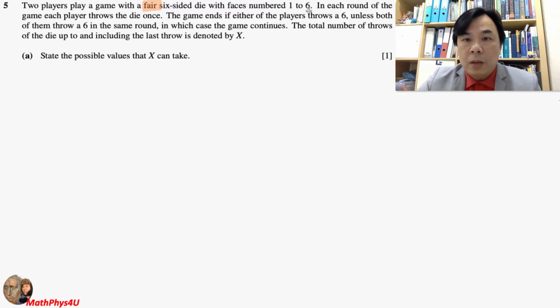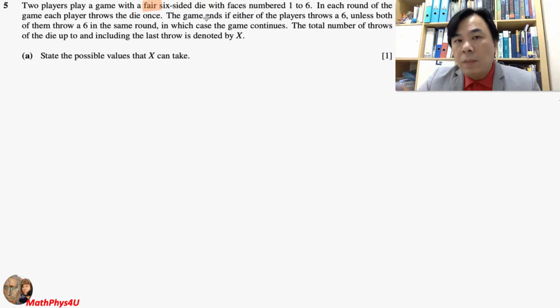In each round of the game, each player throws the die once. The game ends if either one of the players throws a 6, unless both of them throw a 6 in the same round, in which case the game continues on.